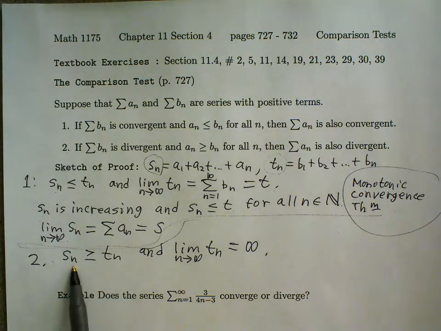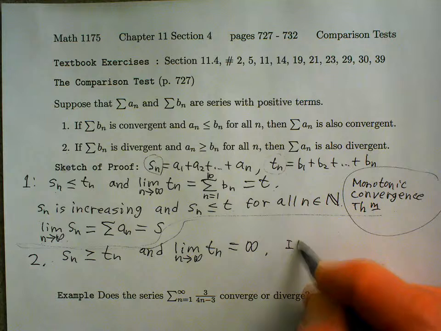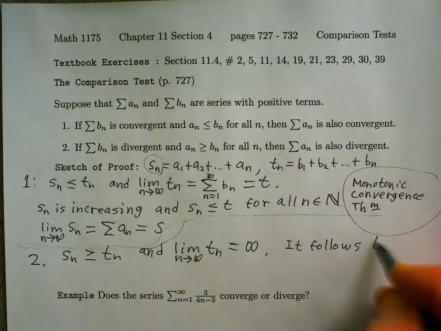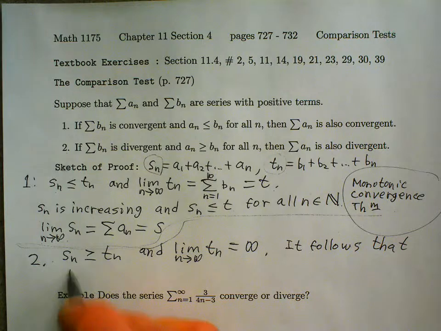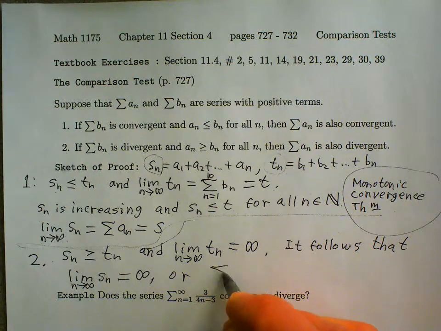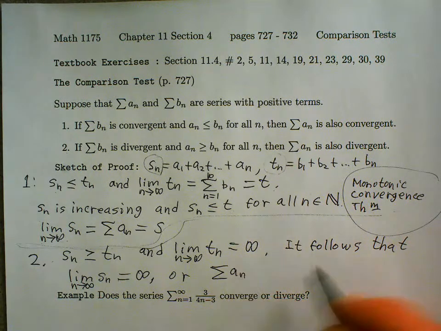But since S sub n is greater than or equal to T sub n for all n, well, it's reasonable to conclude that the limit of S sub n is also equal to infinity. But this means that the series of the a sub n terms diverges.